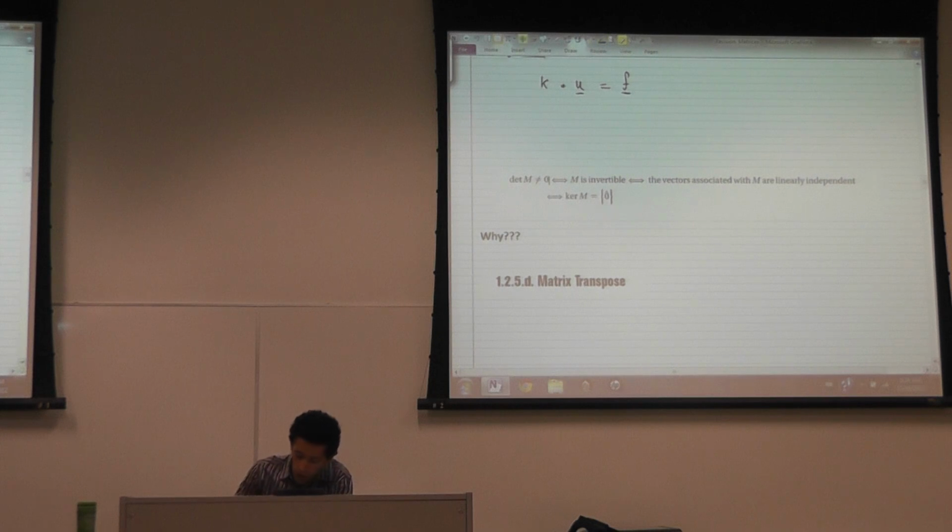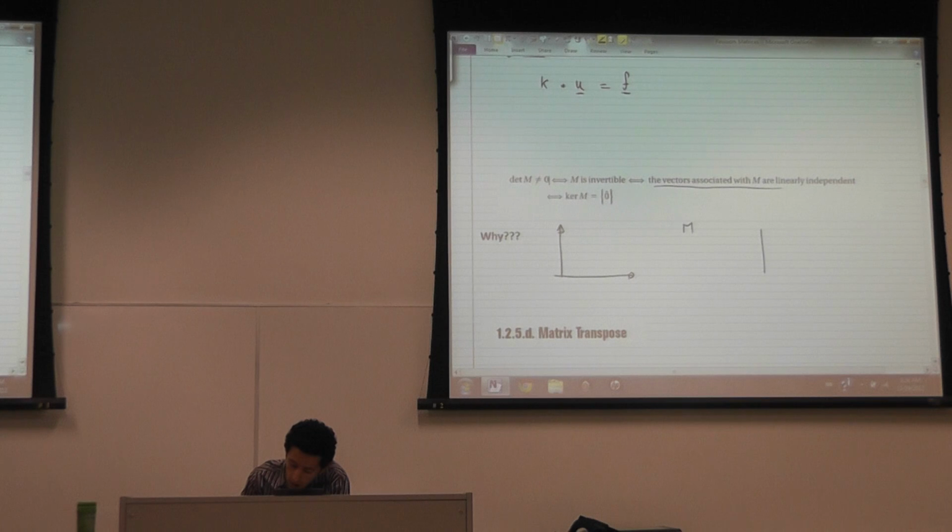And the opposite argument holds. If the determinant is not equal to 0, then m is invertible, the vectors associated with m are linearly independent, and the only vector that m takes to 0 is the 0 vector.